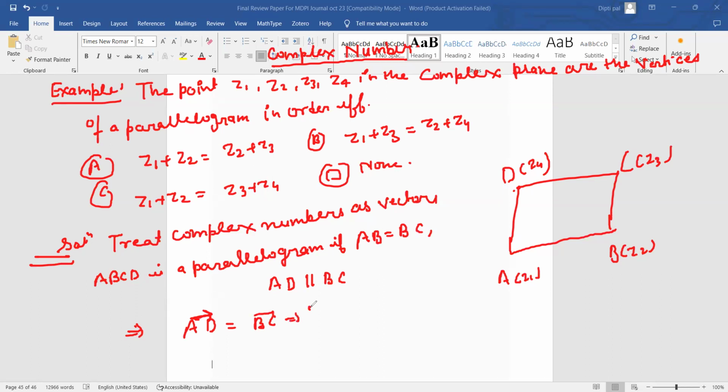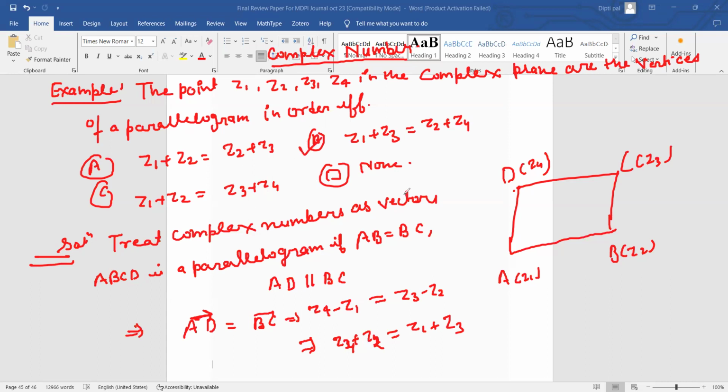So this means that AD is Z4 minus Z1 and BC is Z3 minus Z2. So from this we get Z3 plus Z4 equals Z1 plus Z4 plus Z2 equals Z1 plus Z3. So it means option B is correct.